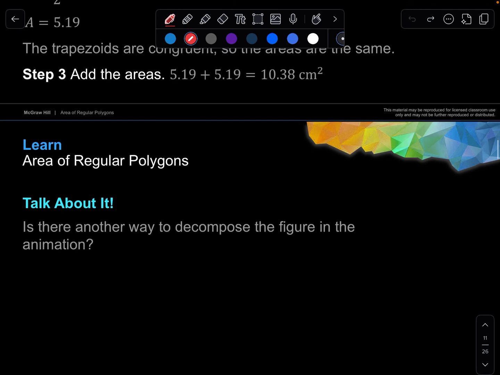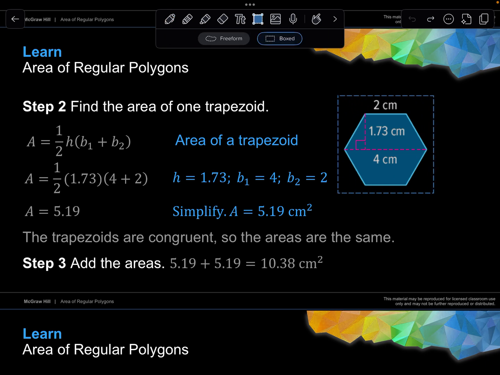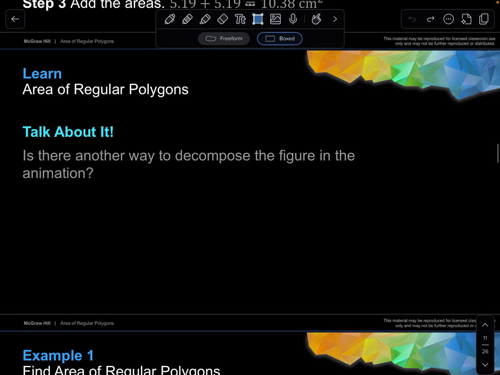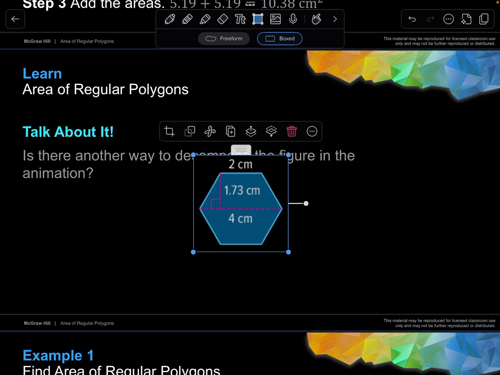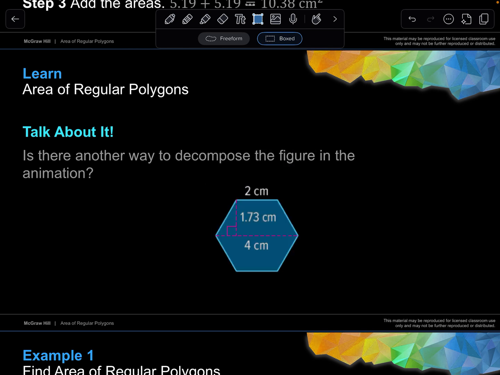I want you to take a moment and think about this. Is there another way that you can decompose this hexagon?